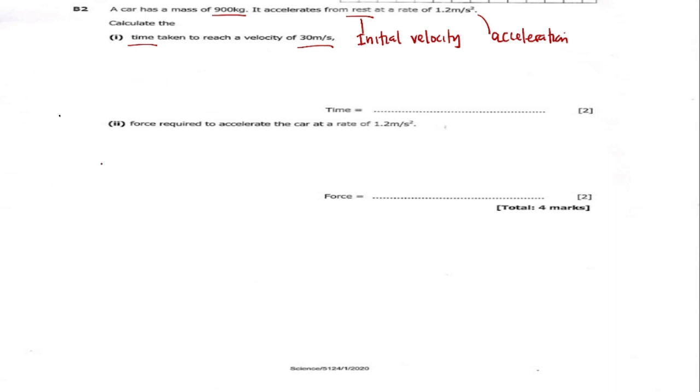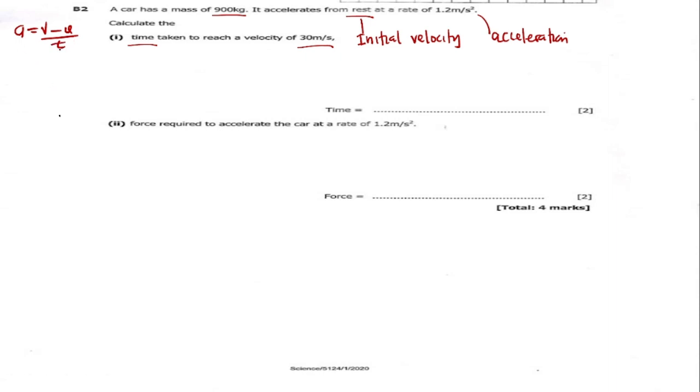Now if you look at this question very well, we have some information that's going to help us find the time taken to reach that velocity. We know that acceleration is equal to final velocity minus initial velocity divided by time.